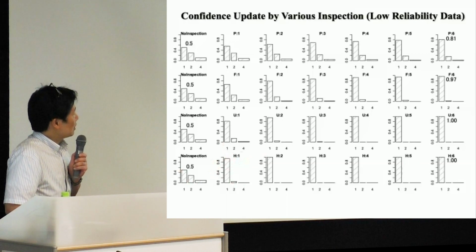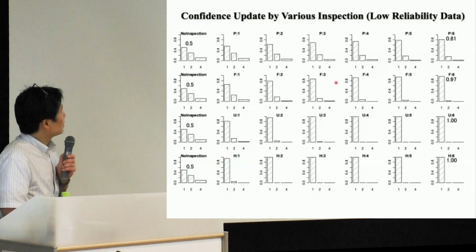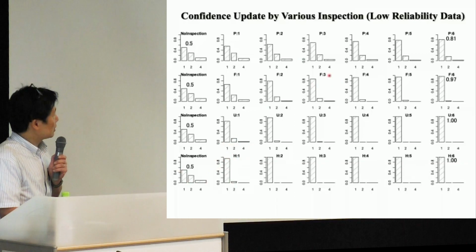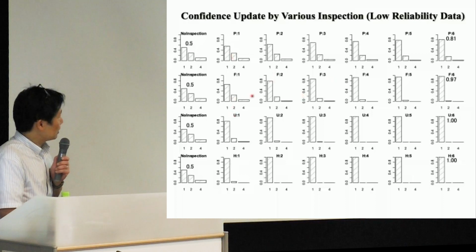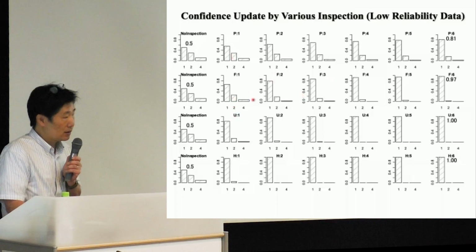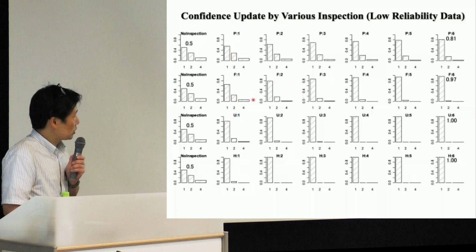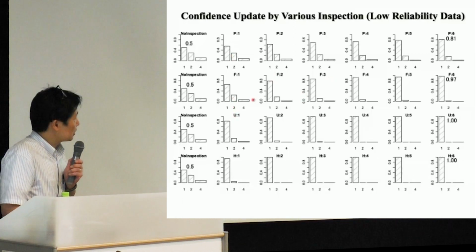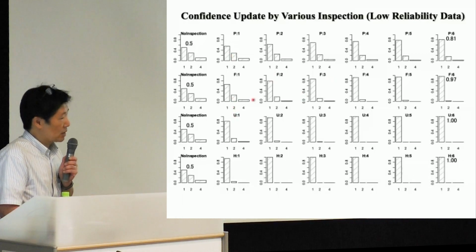So looking at this confidence update, you can select the inspection technique and also determine the number of inspections, maybe depending on the possible maintenance resources that can be allocated.